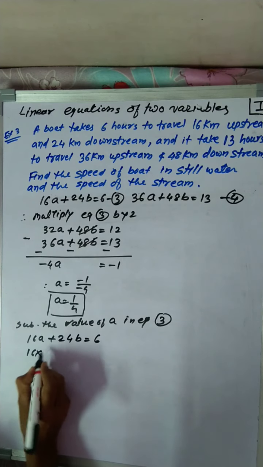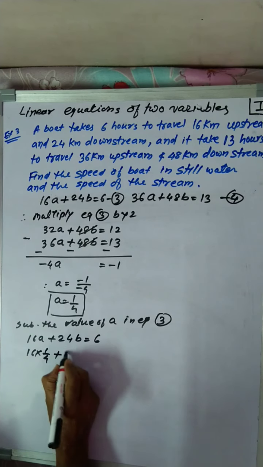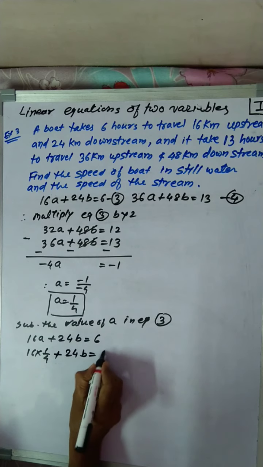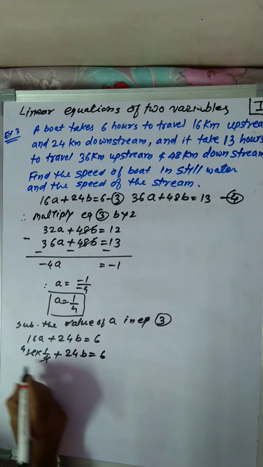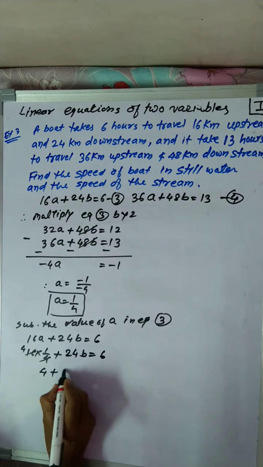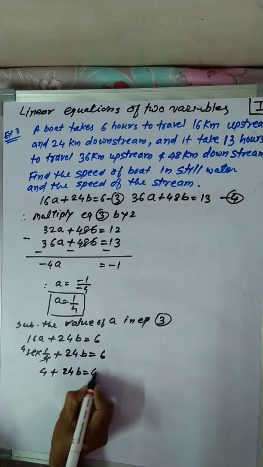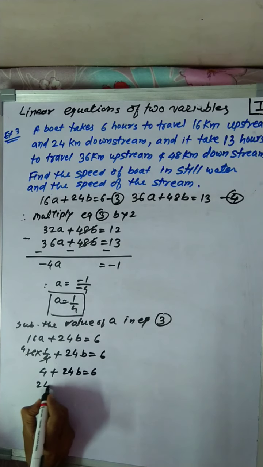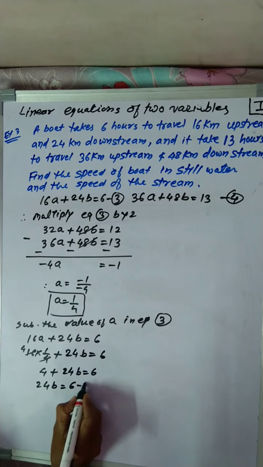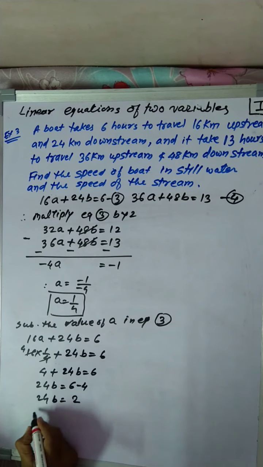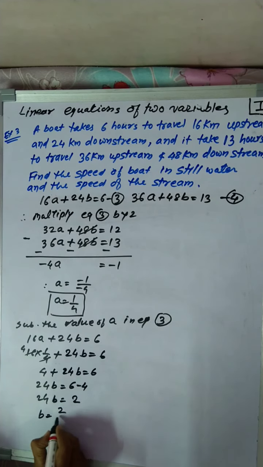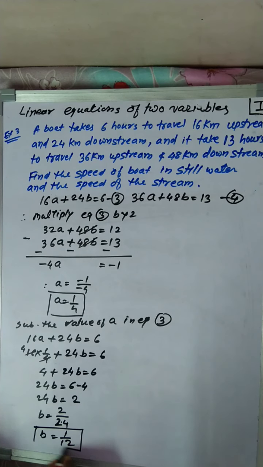That means 16 into 1 upon 4 plus 24b is equal to 6. Here 16 and 4 cancel, giving 4 plus 24b is equal to 6. Take 4 to the other side. 24b is equal to 6 minus 4. Hence 24b is equal to 2. Therefore b is equal to 2 upon 24. Hence b is equal to 1 upon 12. That is the second value.